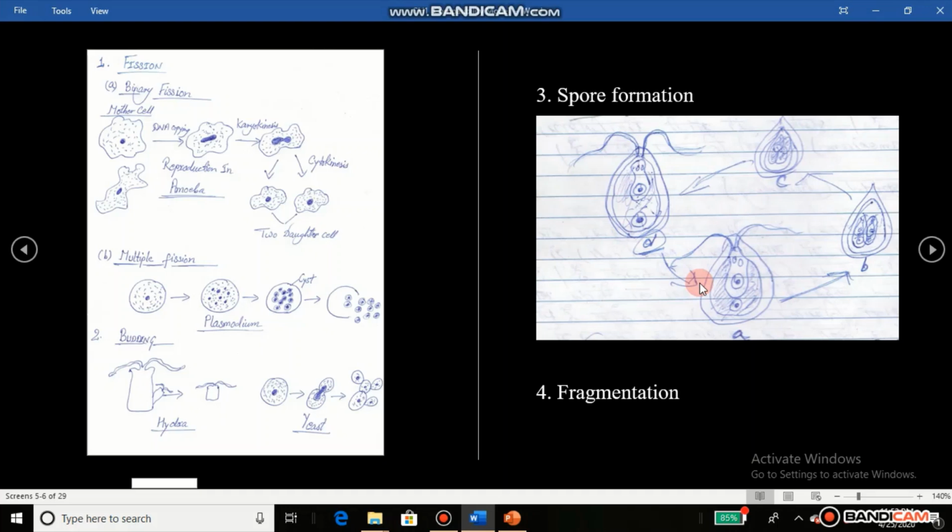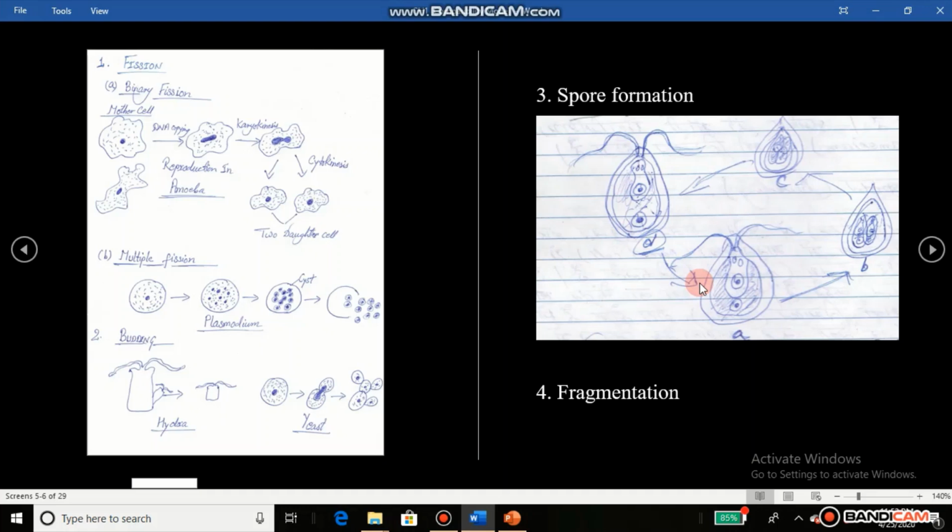You just see inside it. The plastid will divide. This plastid divides into 2 and then 4. These are known as spores. These spores will come out, and each spore will become a free algae. So this is known as spore formation. Penicillium is also a fungus. It also reproduces by the spore formation method. This is the spore formation.